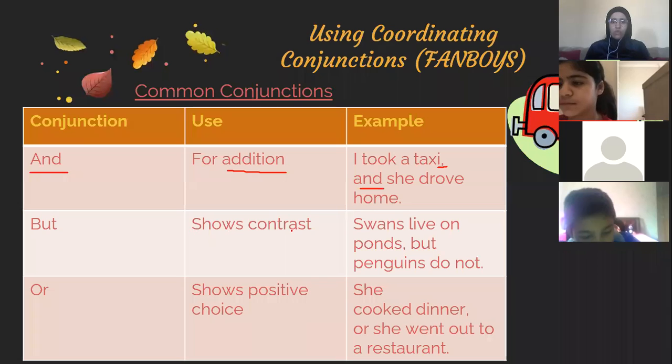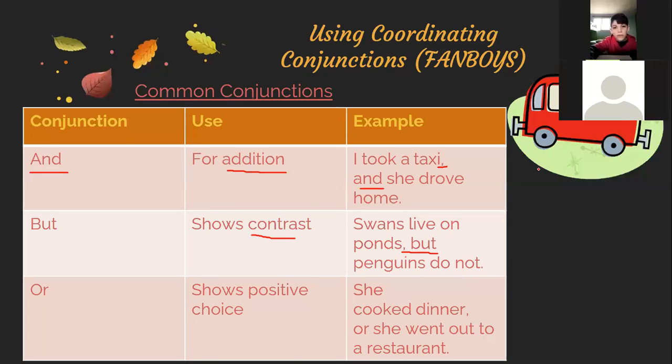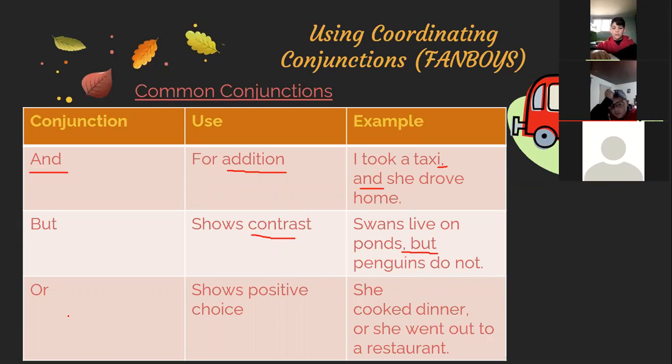But shows contrast. When I say contrast, I mean opposite ideas, ideas that do not go together. Swans live on ponds, but penguins do not. Here I'm giving opposite ideas. Let me finish with or, then I will see who wants to ask a question.